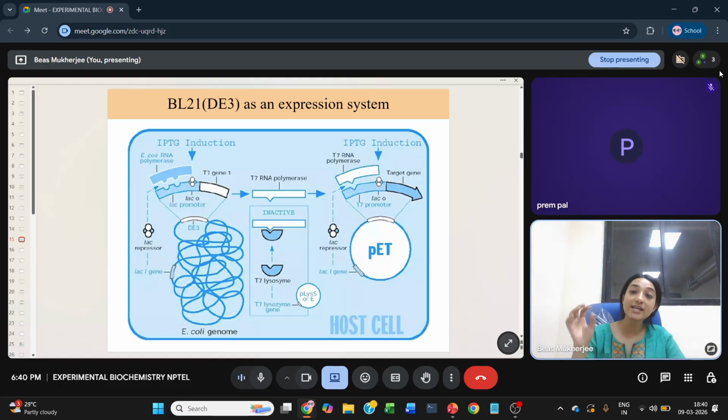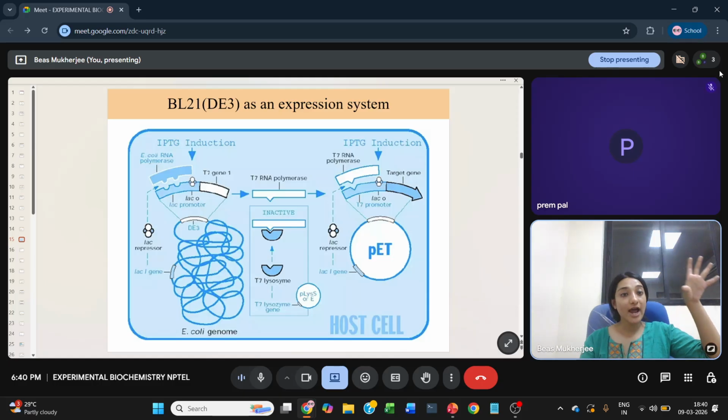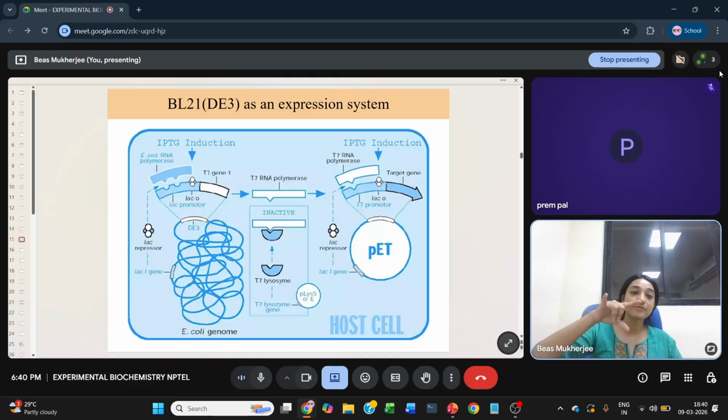But then when you are adding IPTG, IPTG is an analog of allolactose. Okay, so when you are adding IPTG, it will go and bind to this lac repressor and prevent the lac repressor from binding to the E. coli RNA polymerase promoter region. That is why E. coli RNA polymerase will be sufficiently able to sit and bind to this promoter and synthesize T7 RNA polymerase in huge quantities.